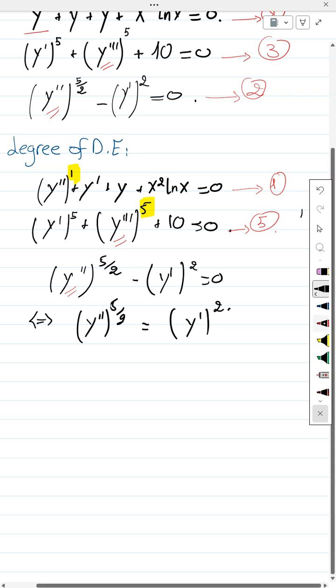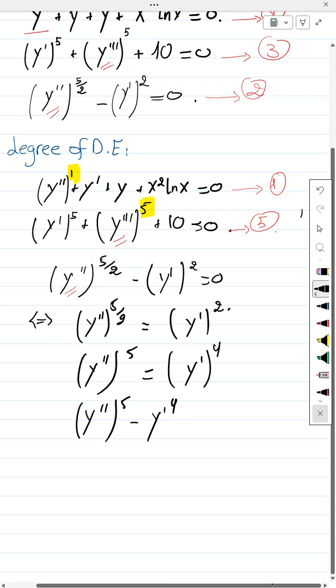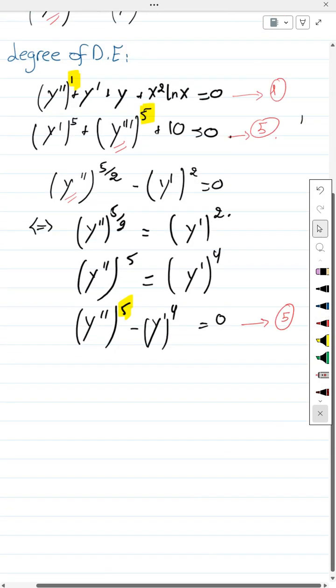By raising both sides to the power of 2, we get y second prime to the power of 5 equal to y prime to the power of 4, so it's going to be y second prime to the power of 5 minus y prime to the power of 4 is equal to 0. In this equation we can see this is the highest derivative and it is raised to the power of 5, so in this equation the degree is 5 and the order is 2, as we said before.